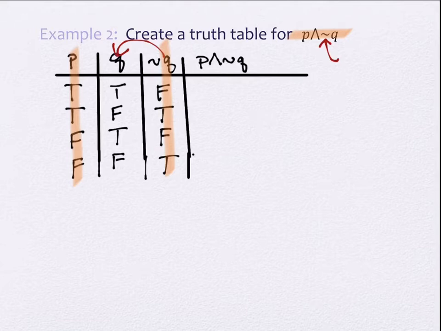The first row has a true, false on it, so a true statement and a false statement connected with the word and is false. Your second row has a true and a true, which makes it true. Your third row has a false and a false, which makes it false. And your fourth row has a false and a true, which makes it false. And then your truth table is complete.